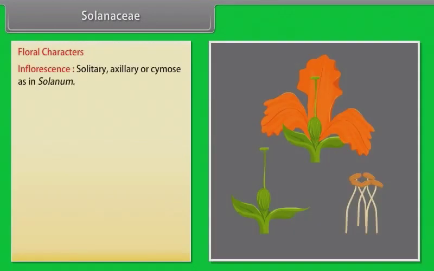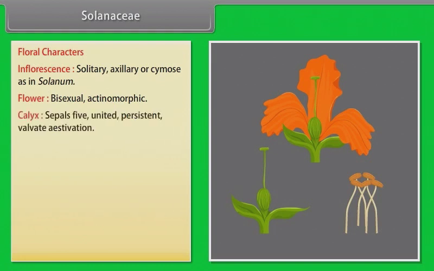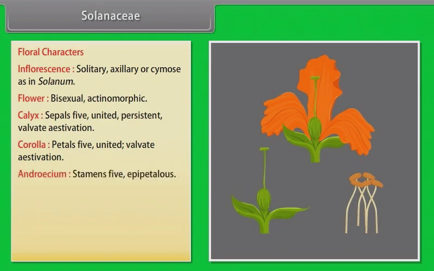Inflorescence solitary, axillary or cymose as in Solanum. Flower bisexual, actinomorphic. Calyx, sepals 5, united, persistent, valvate aestivation. Corolla, petals 5, united, valvate aestivation. Androecium, stamens 5, epipetalous.